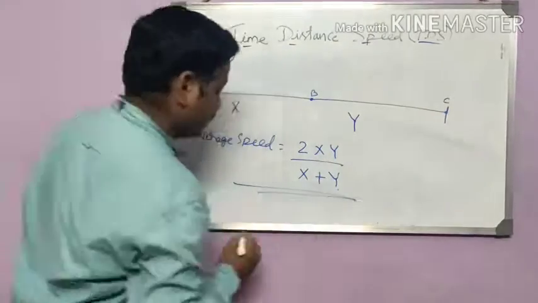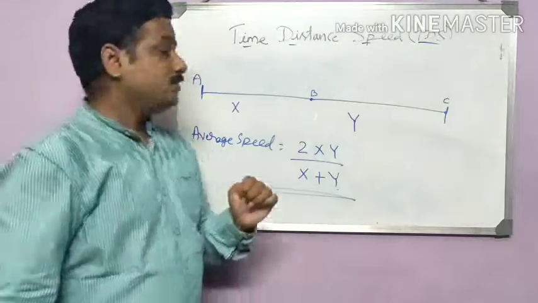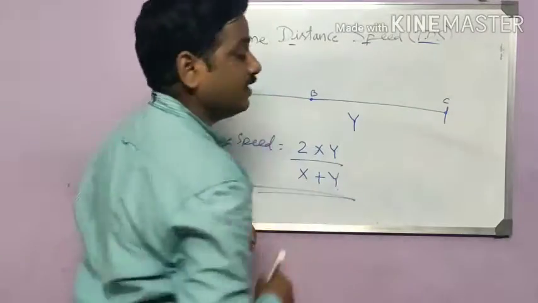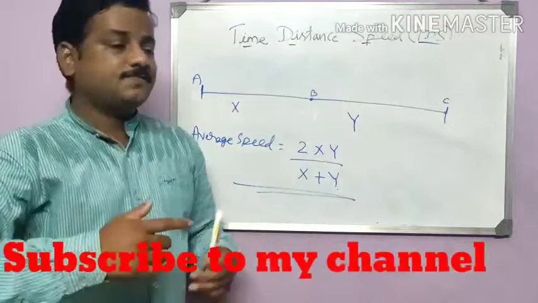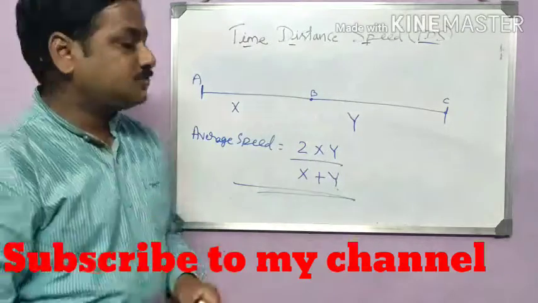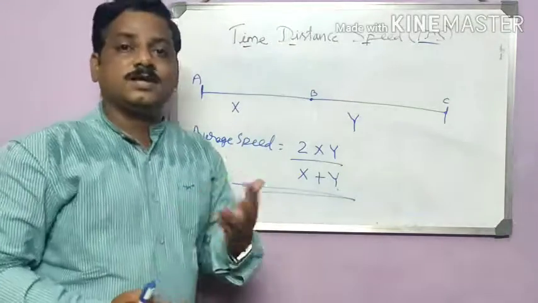Using this formula, we can identify the average speed of a person who is moving from A to C. This can be applied if the speeds are different. If speed is the same, then we get the actual speed using the speed formula, speed equal to distance by time. Using that formula, you can identify it.